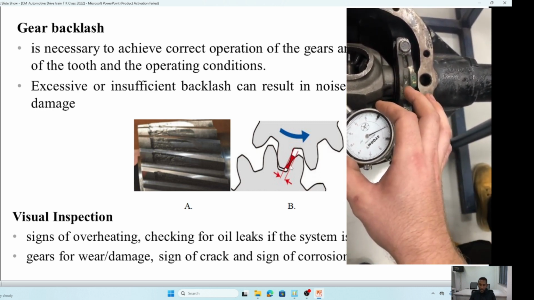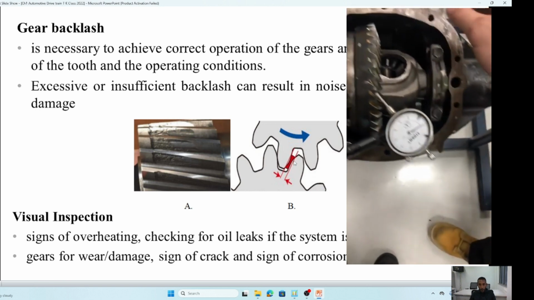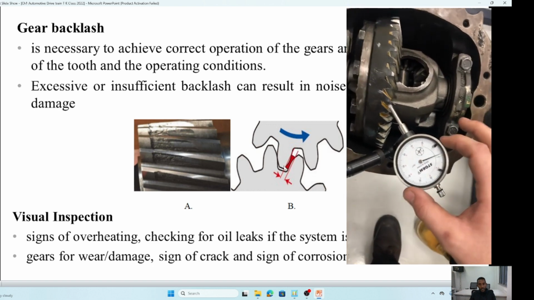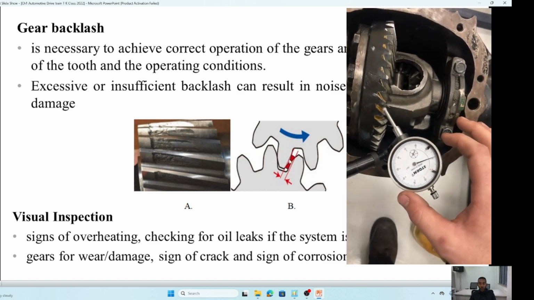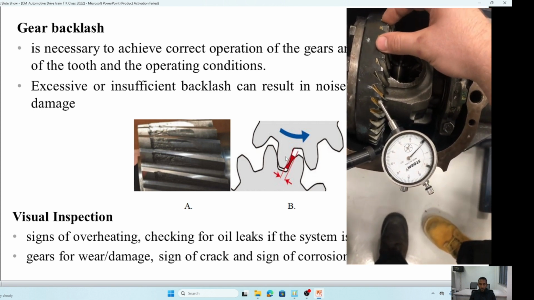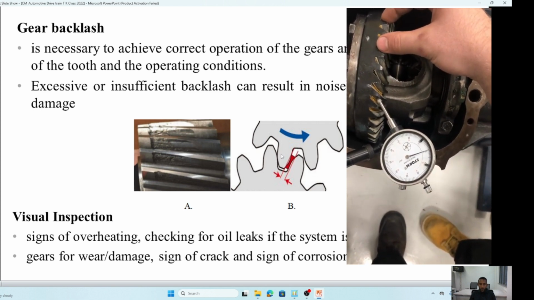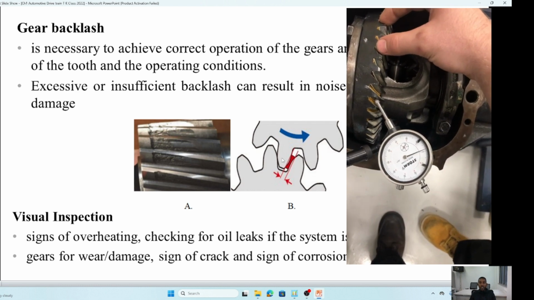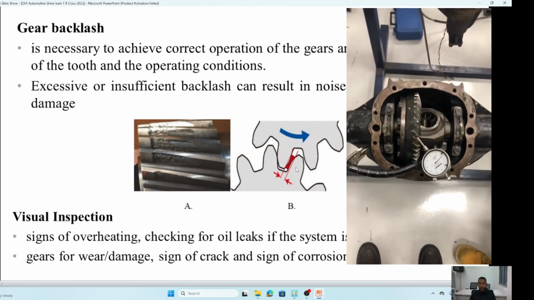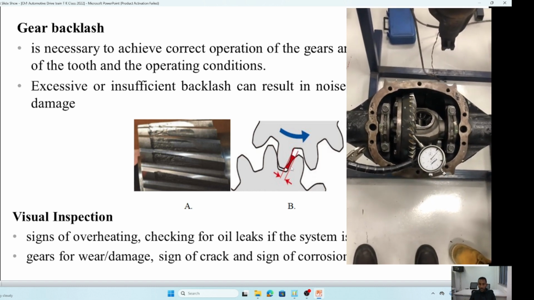So this backlash considers two things. The first is the passage for the oil, and the second is the expansion rate of the gear teeth. If it expands due to heat, and the clearance between this part and this part is very narrow, it will get stuck together.